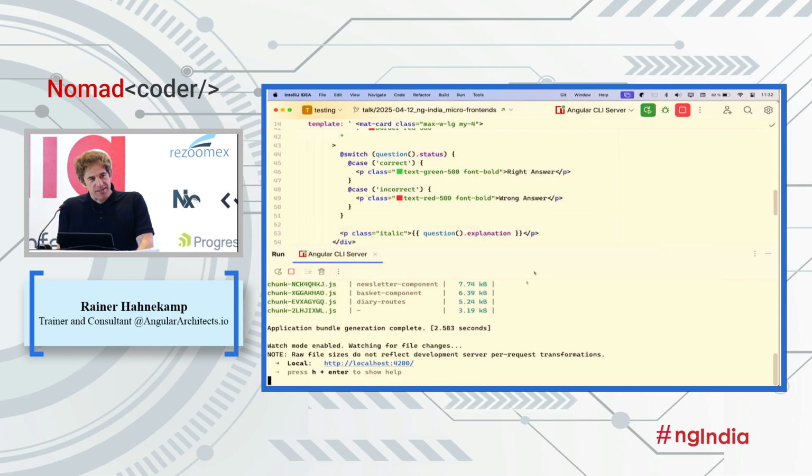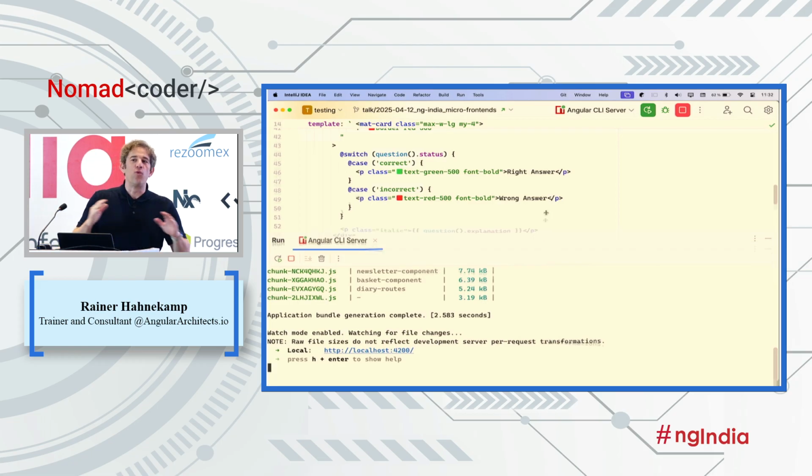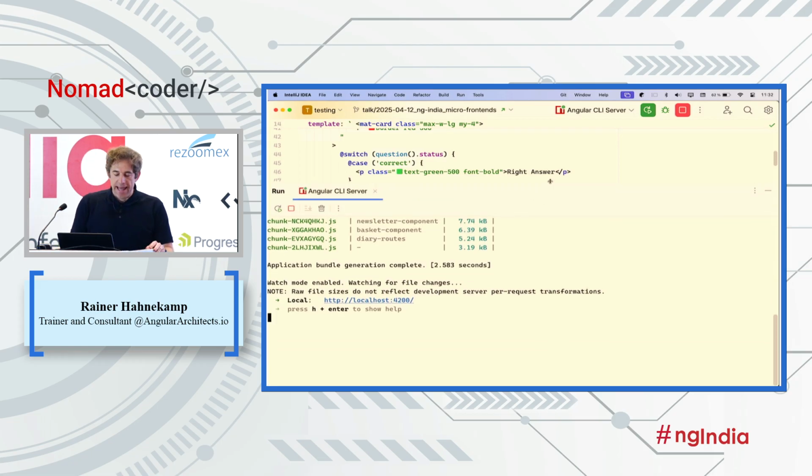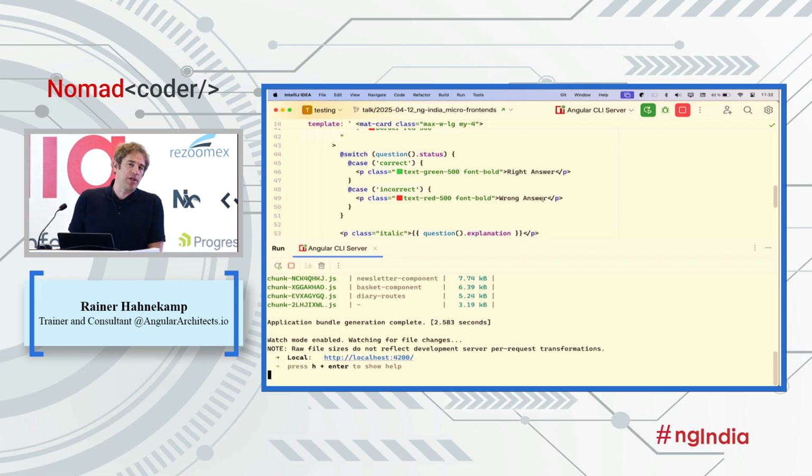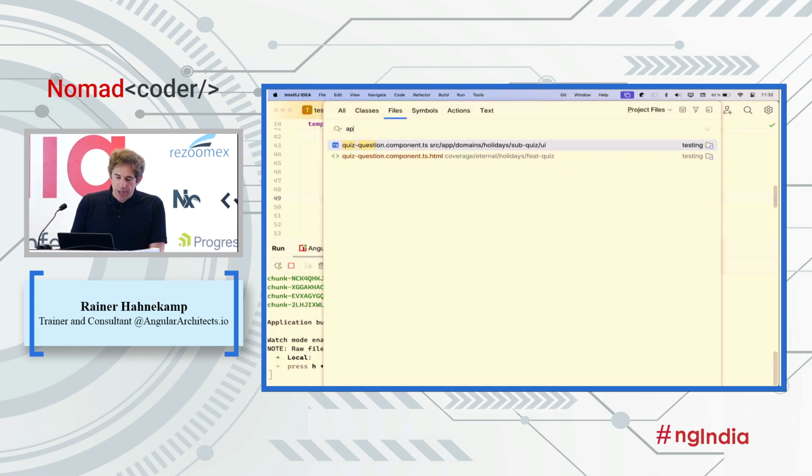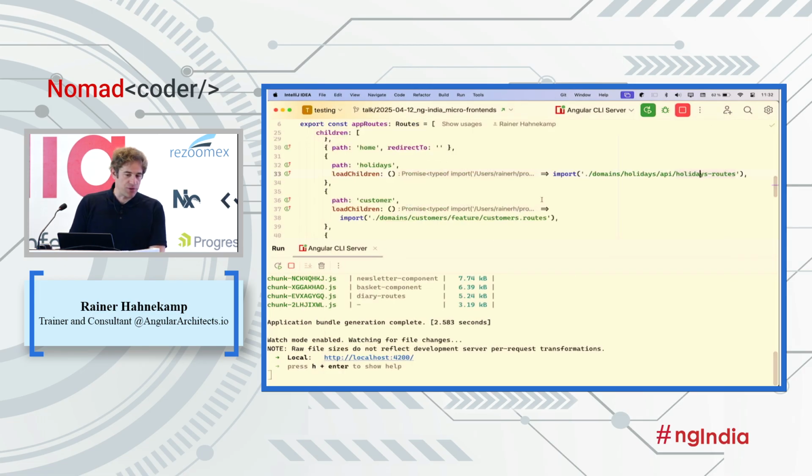The way how it works, and this is very simple, the principle or the approach, is that we say it would be the best thing if we can keep everything in one Angular application. And the trick there is to integrate it via lazy loaded modules. So when you have a routing configuration, for example, let me quickly open it, you always have this property of loadChildren, where you have an import.